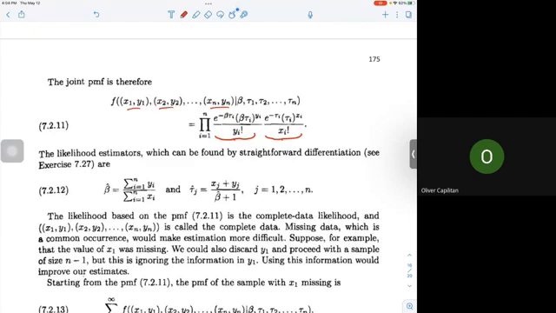Kasi yung sa likelihood function, di ba sabi natin yung likelihood function L is a function of the parameter given, no? Parang ganun. The function of our parameter theta given our sample X equal to the joint PDF. But we consider here to be a function now of the parameter theta, because x here is fixed.